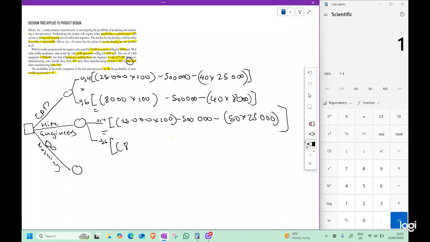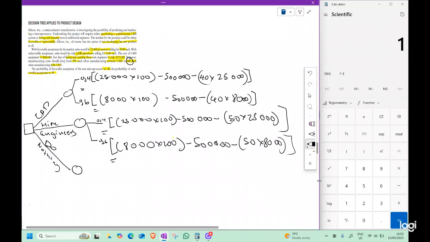So 8,000 multiplied by 100, close bracket minus 500,000 minus open bracket, which is $50 multiplied by 8,000, and then close bracket equals.